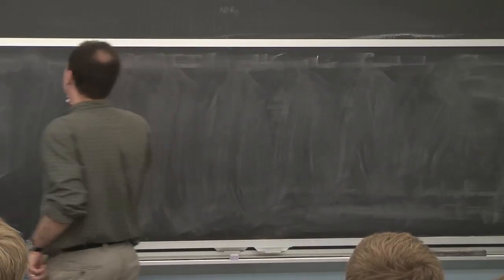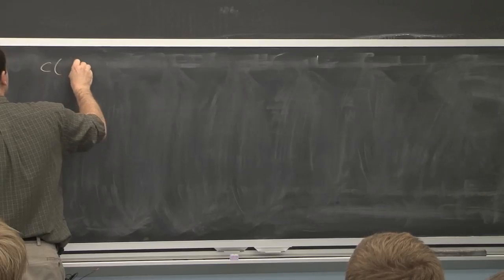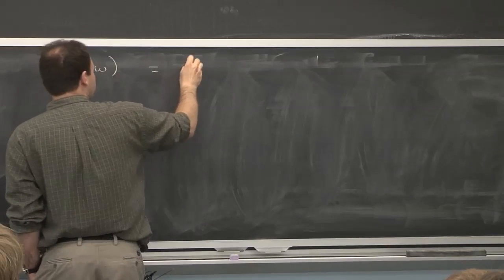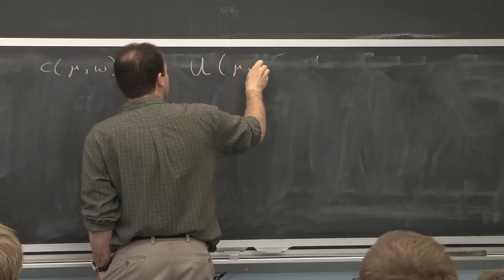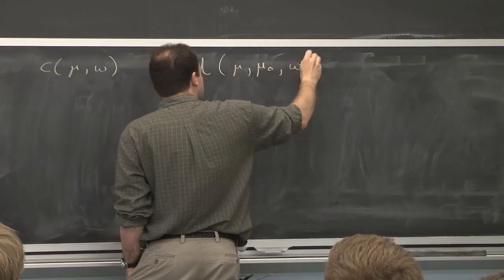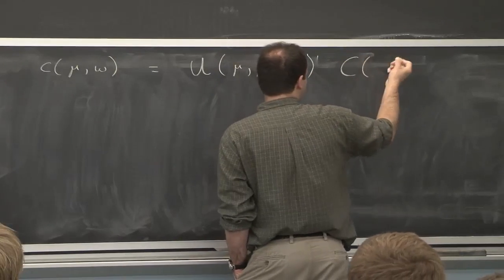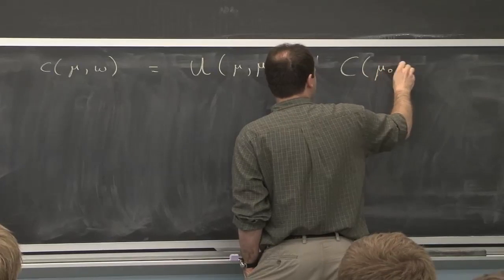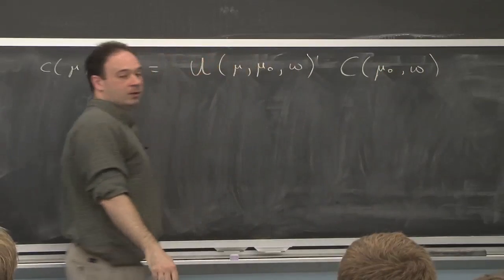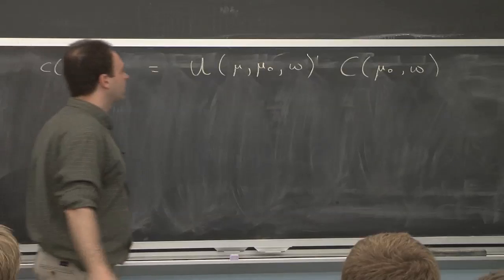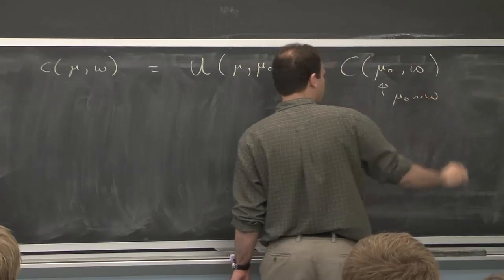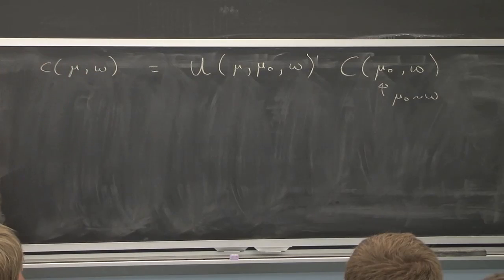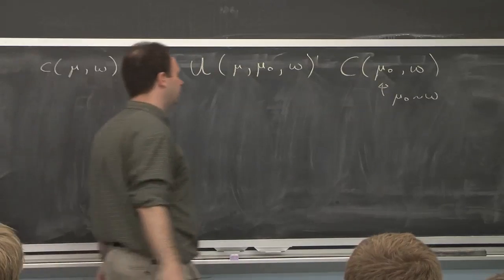So the way that you could think about the RG is as follows, that you have C, and really what the RG is doing is determining some U that allows you to run C from some point to some other point, like that. So in this formula, mu naught is some scale that's of order omega, or W. It doesn't have to be equal to W. It could be 2W, half W.